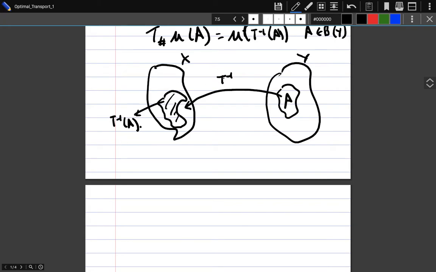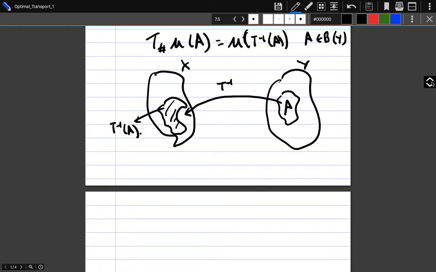Because T is measurable, its inverse image is contained in the Borel sets of the space X. So mu can measure this set, and that's the value that we assign to our push forward measure.